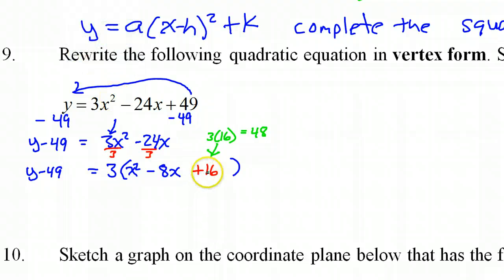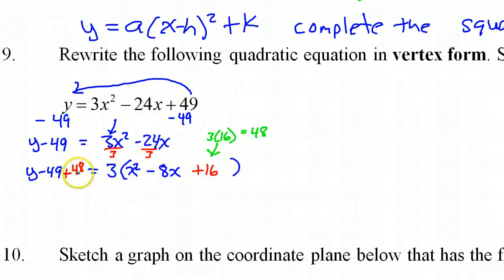So I added 16 right here, it looked like a 16. It's really 3 times 16. So to balance it out, I'm going to have to put plus 48 over here. So just remember, if there's a number outside the parentheses, I have to multiply it first, and that's what I have to put on the other side of the equation. In this case, 48.